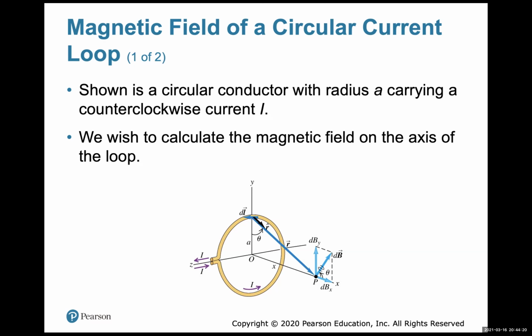Let's restrict our analysis for now to points on the axis of symmetry of the loop, an axis that passes through the center of the loop perpendicular to the plane of the loop. It's a little bit wordy, but the picture says everything.